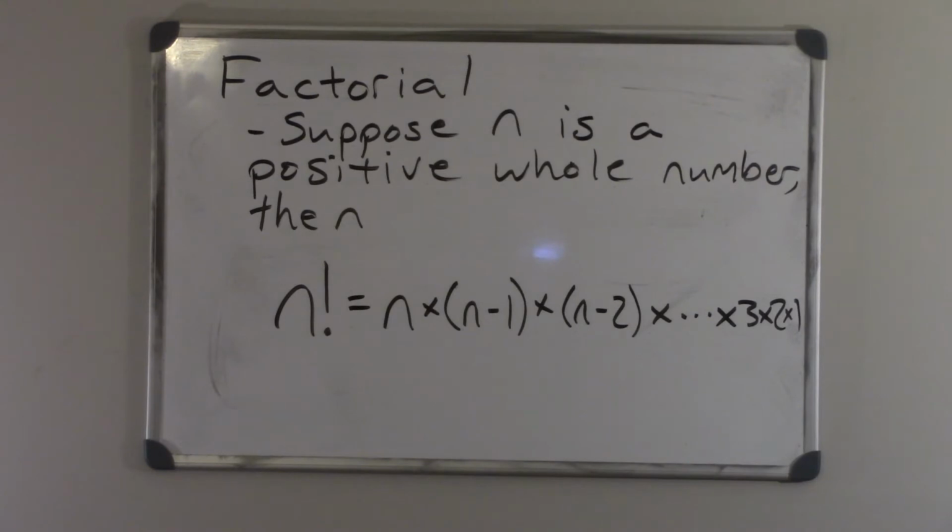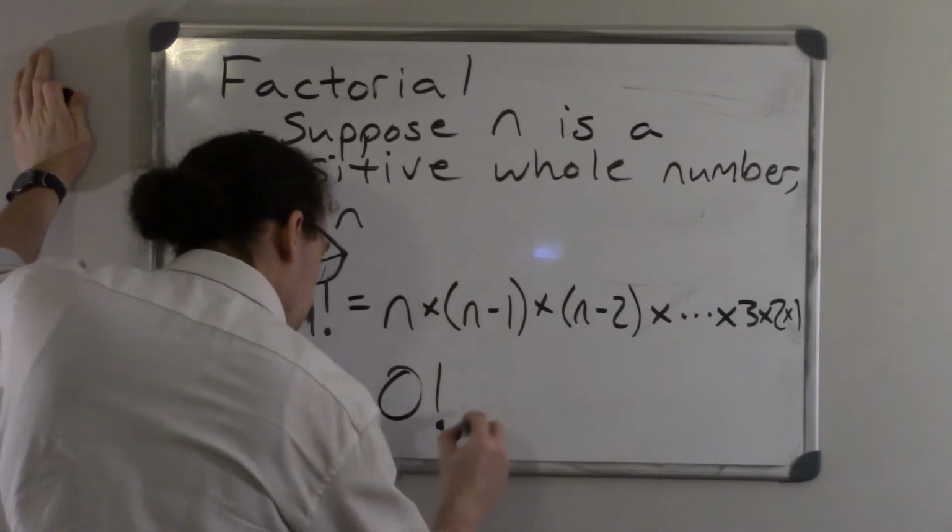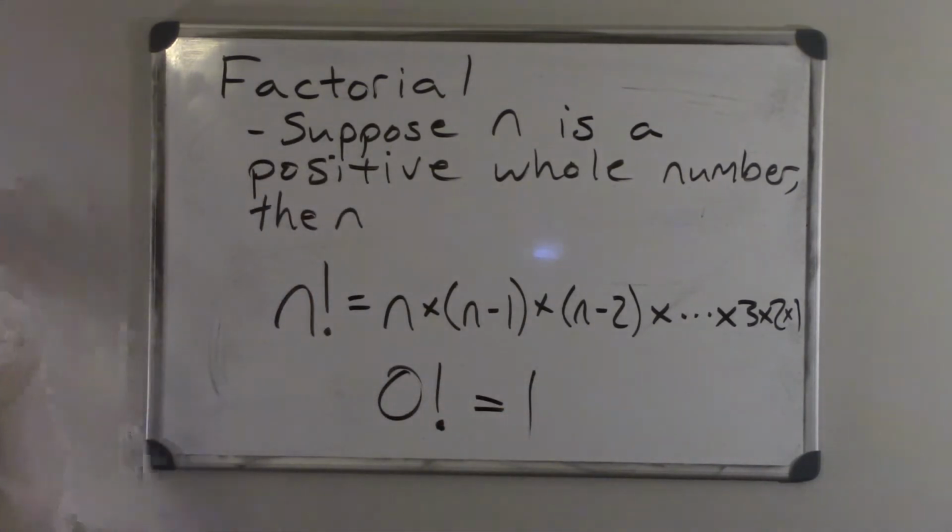One thing to note, by definition, the factorial of 0 equals 1. That's going to be important later on, but we'll go ahead and state that. But that's what a factorial is.